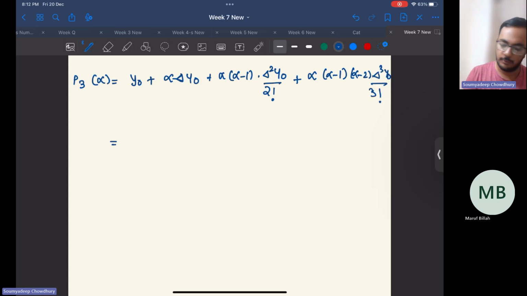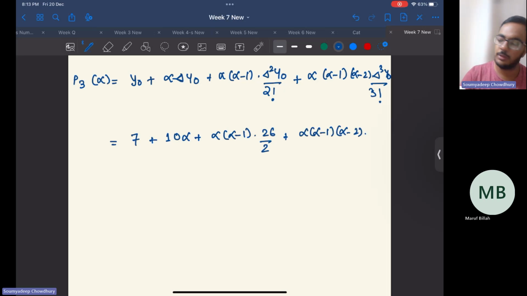I made one mistake earlier; those extra terms won't be there because I already absorbed them. We'll first find it in terms of alpha, then at last substitute alpha. Y naught is the first value of y, which is 7, plus delta y naught, 10 alpha, plus alpha into alpha minus 1 into 26 by 2, plus alpha into alpha minus 1 into alpha minus 2 into 42 by 6.